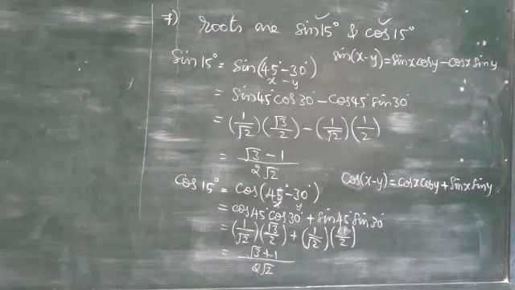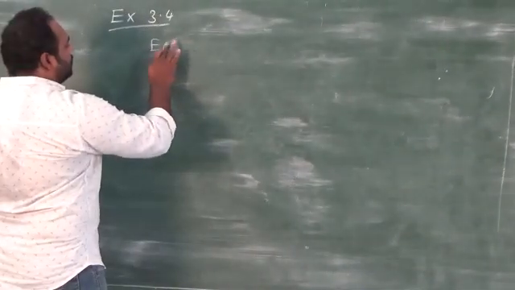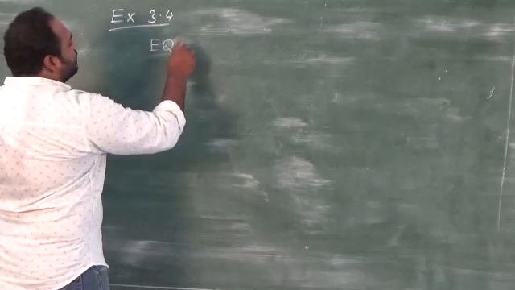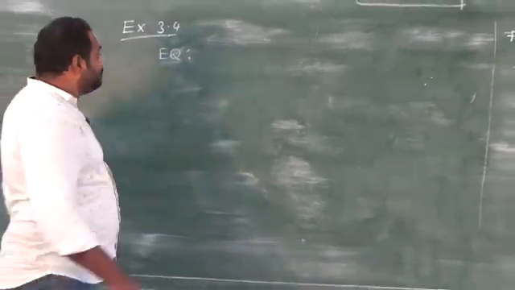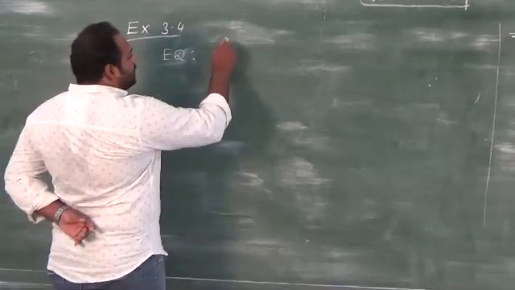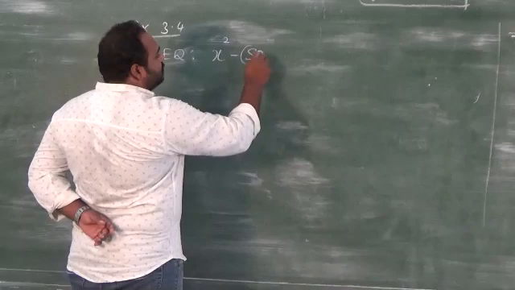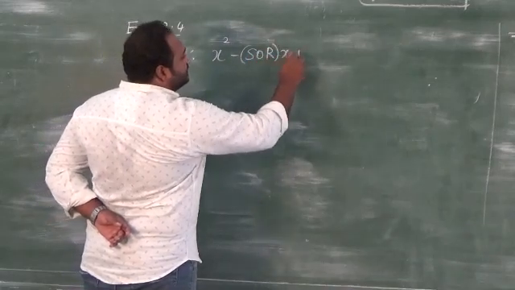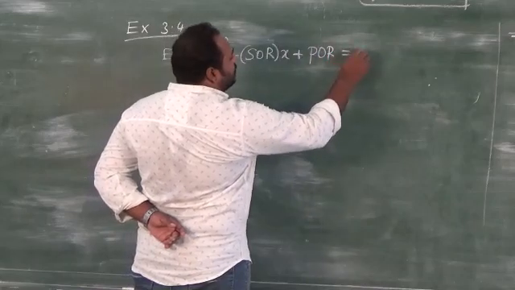We know the formula for the quadratic equation: x square minus sum of the roots into x plus product of the roots equal to 0.